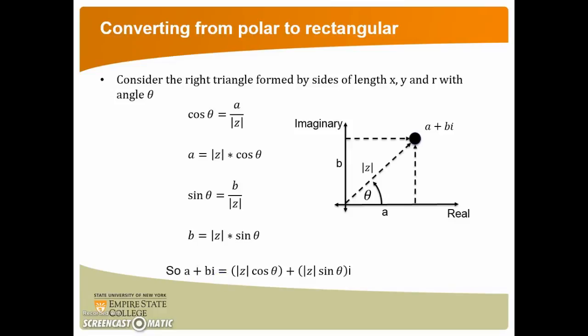So the complex number in polar form, the absolute value of z times the quantity, the cosine of theta plus i times the sine of theta, equals the absolute value of z multiplied by the cosine of theta plus the absolute value of z times the sine of theta times i when written in rectangular form. Let's see an example.